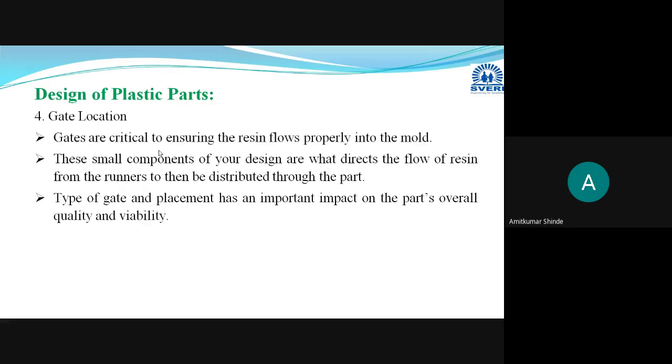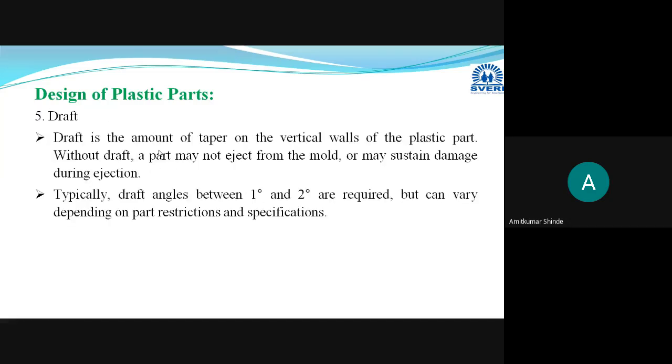Then the runner and gate location and its design to ensure the proper flow into the mold cavity. Proper runner and gate design is required. And draft should be provided for proper ejection of the component from the mold cavity by providing some taper.